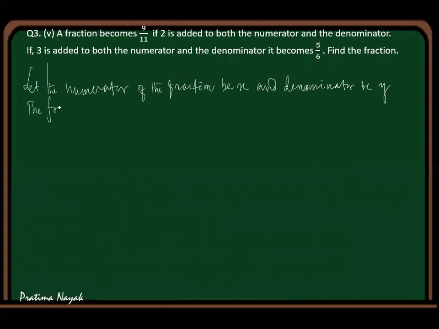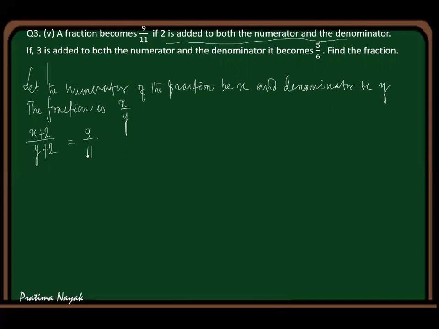The fraction is x by y. Now we frame the relation. 2 is added to both numerator and denominator. So numerator is x, 2 is added, denominator is y, 2 is added. This fraction becomes 9 by 11. This is relation 1. I'll make it into a linear equation.